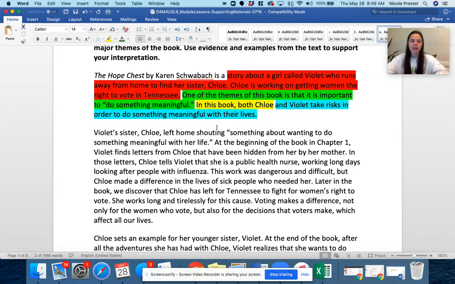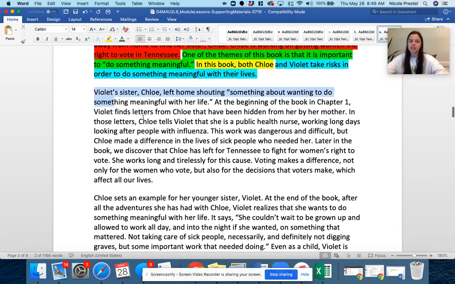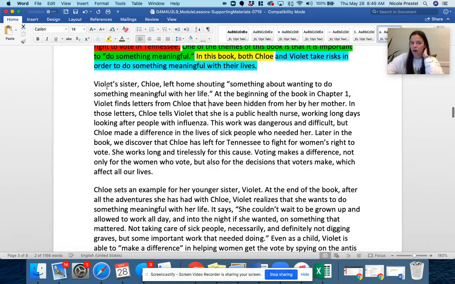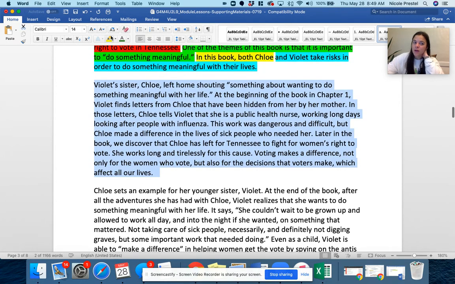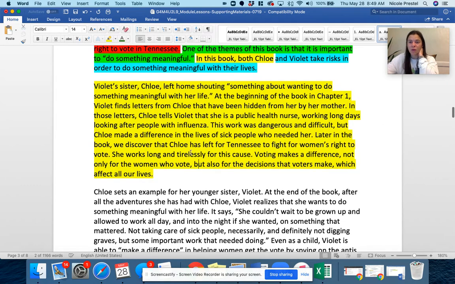So if we look back here, let's go ahead and read this paragraph. So remember, this is going to be all about point 1. So I'm going to go ahead and make the whole thing yellow. Violet's sister Chloe, remember, this paragraph is all about Chloe. Violet's sister Chloe left home shouting something about wanting to do something meaningful with her life. At the beginning of the book in chapter 1, Violet finds letters from Chloe that have been hidden from her by her mother.